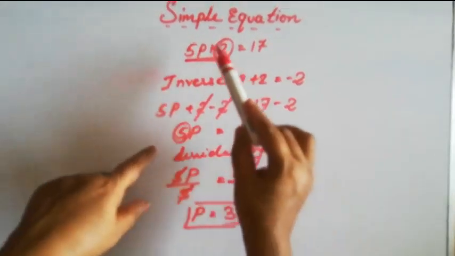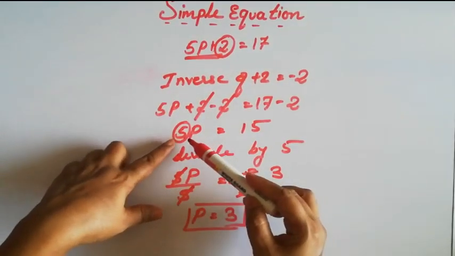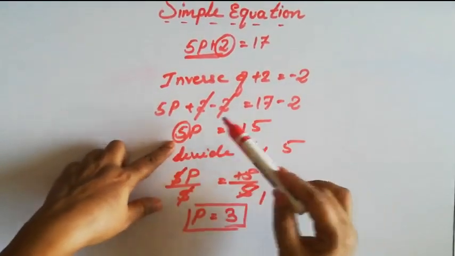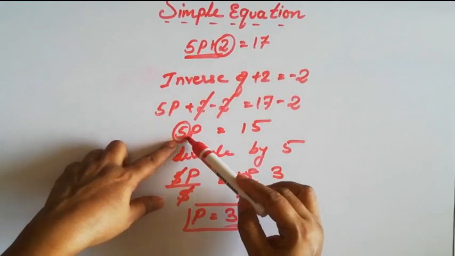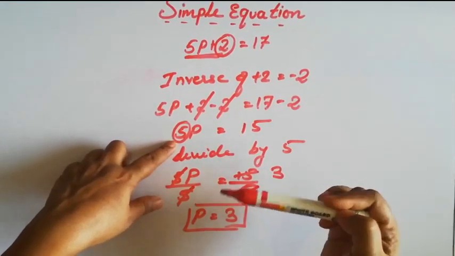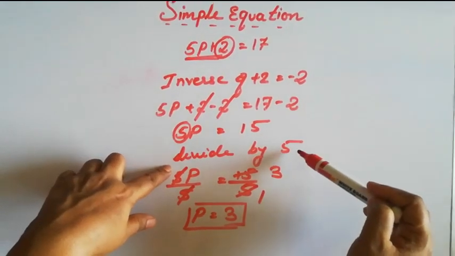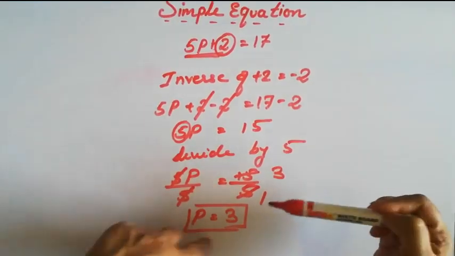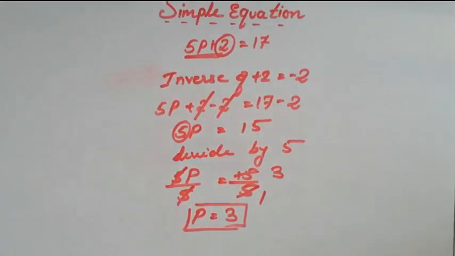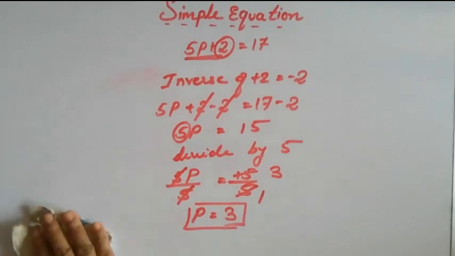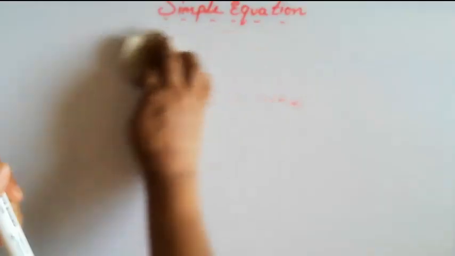Clear? After eliminating this 2, the equation is 5p equal to 15. Now, eliminate this 5. If it is multiplication, we take the inverse, which is division. So we divide by 5, the 5 is cancelled, and you get the solution value of p, that is 3. This is known as the systematic method.